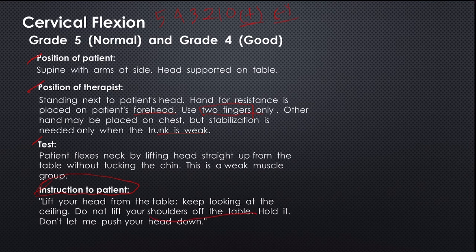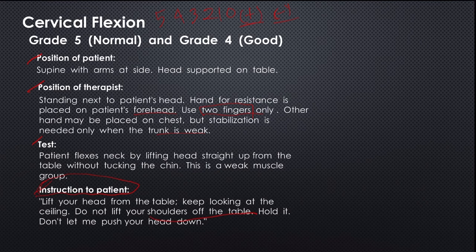Because if the shoulders lift off the table, it could result in false positive readings as well, because it gives an illusion that the patient can resist the 2-finger resistance, even though they cannot.